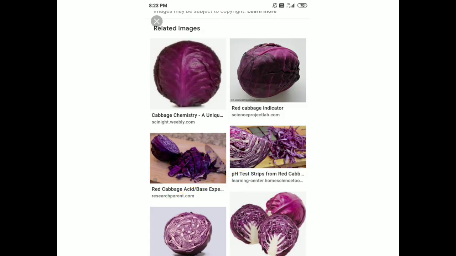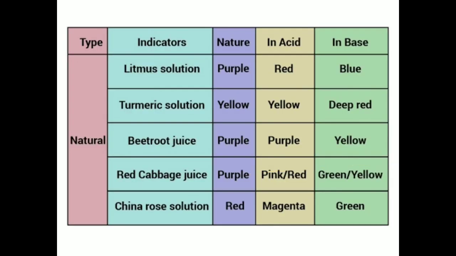Say for example, litmus solution or litmus paper. What do you mean by litmus solution? Litmus solution is a purple color liquid that you get from a plant called lichen. So the purple color solution we get from the plant and later we make it dry.